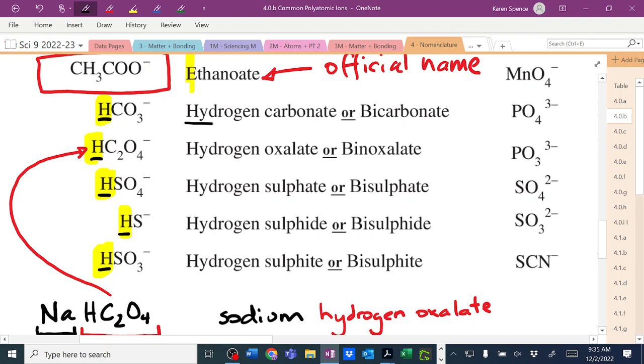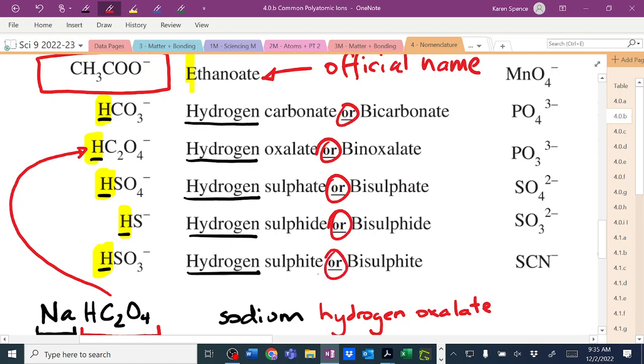They can all be named hydrogen carbonate, hydrogen oxalate, hydrogen sulfate, hydrogen sulfite, or they can be named with the bi instead of the hydrogen. But if you see 3 names, it means you have one of these that has like a 2 name for a single ion, okay?